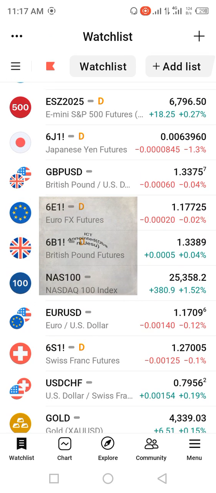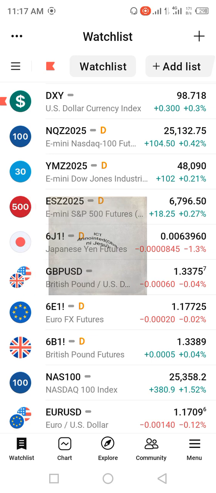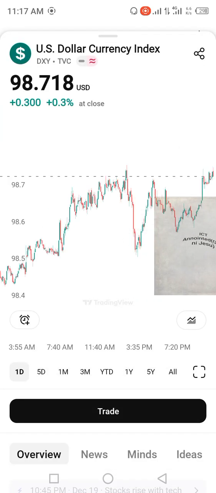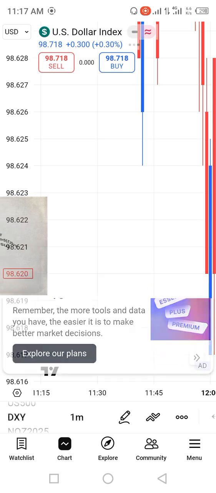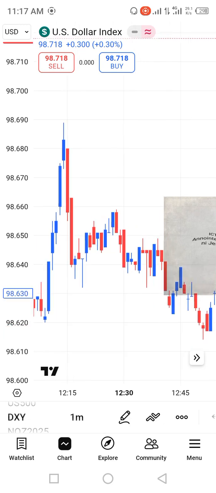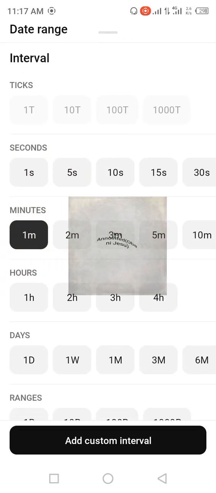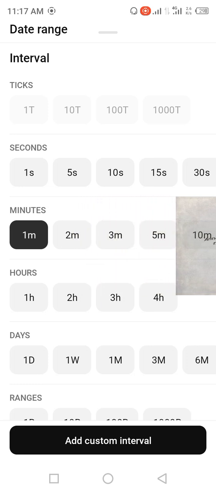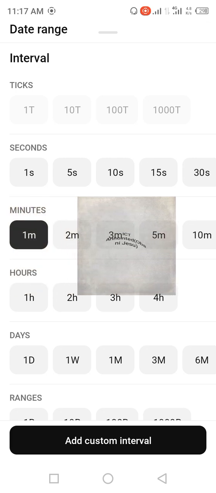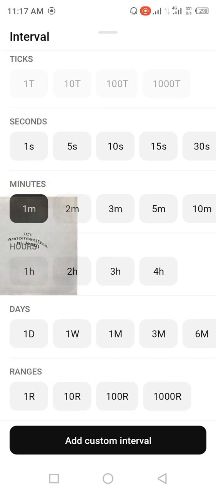So here now, we'll be using the dollar index to draw our analysis before we take our entry on Euro USD. In this section we'll be reviewing a trade I took on the CPI news release on Thursday, 18 December 2025, and how I traded it.